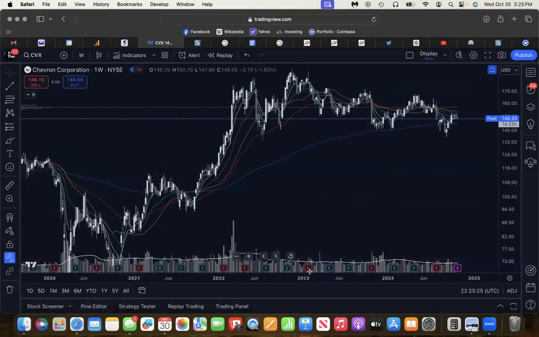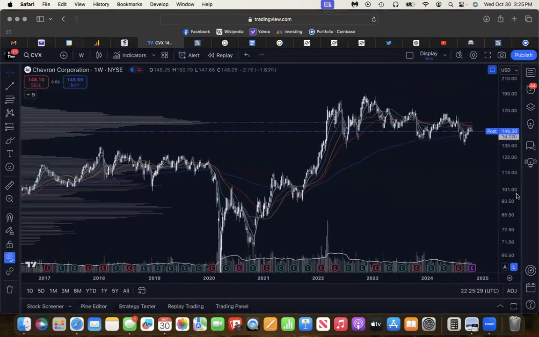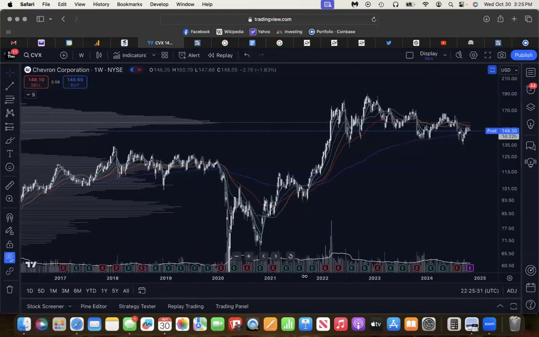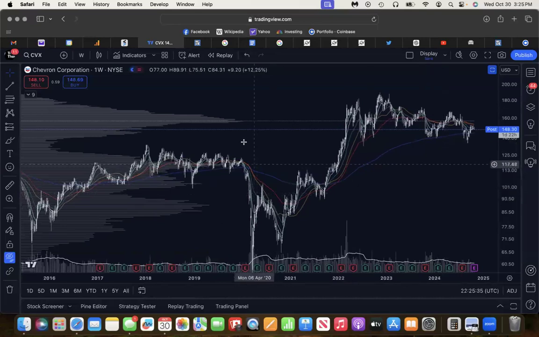So if we jump back to today's chart and take a look at the current conditions, again, here you see the big volume profile, the big volume shelf here on top, obviously distributing. We can see the moving averages rolling over. We can see falling peaks and falling valleys.